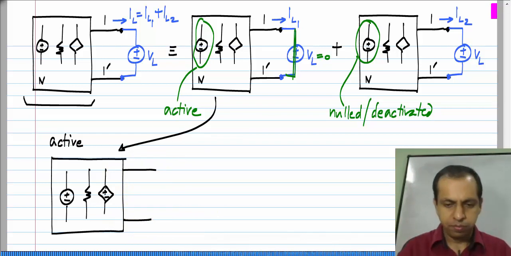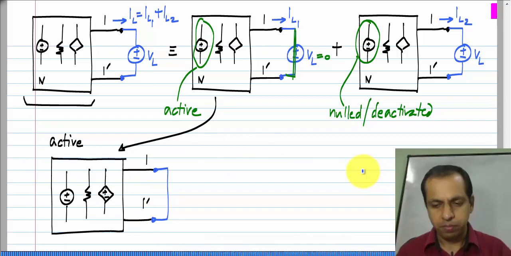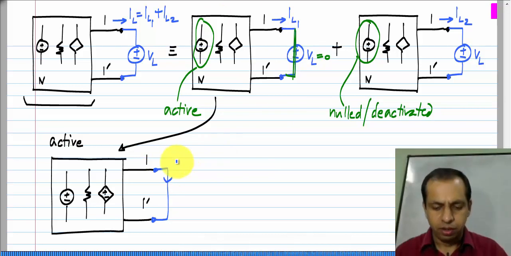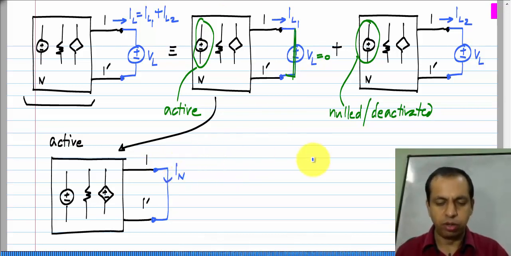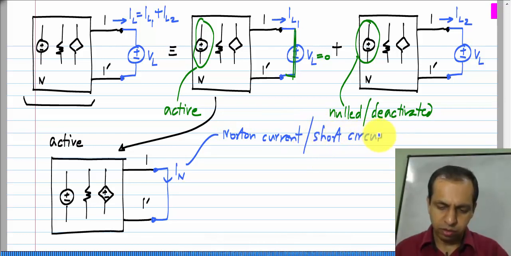I terminate the output, or these terminals 1 and 1 prime, where I want to find the equivalent, with a short circuit. Because when I set V L equal to 0, that is what I get. I have a short circuit and I measure the current through that short circuit. Here I called it I L 1, but this is usually called I N, the Norton current. It is the Norton current or the short circuit current.